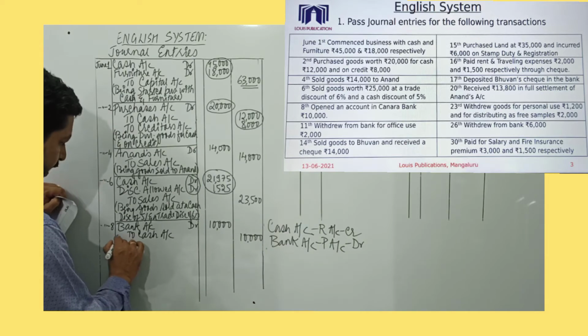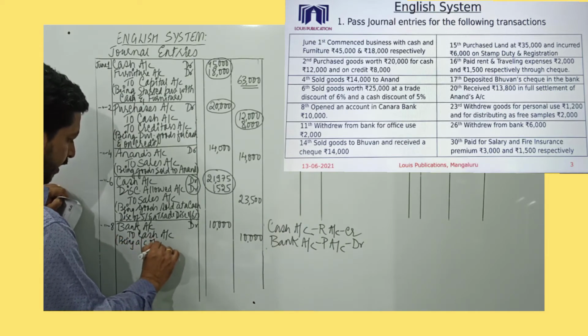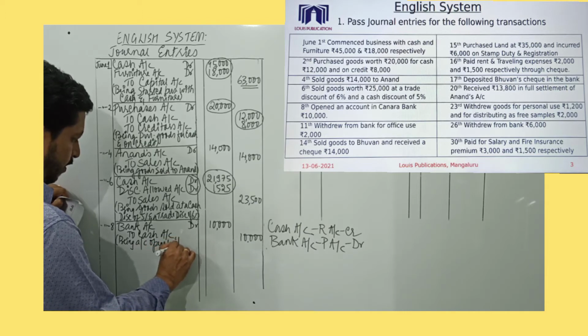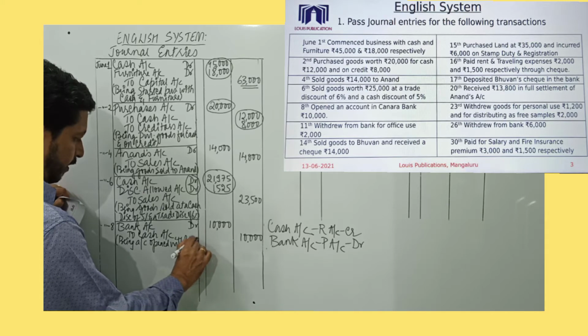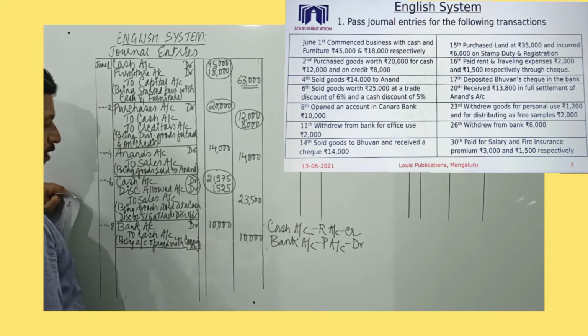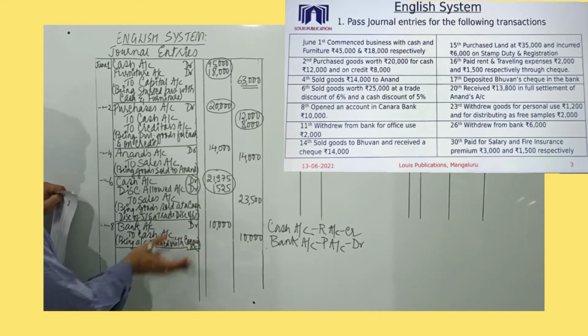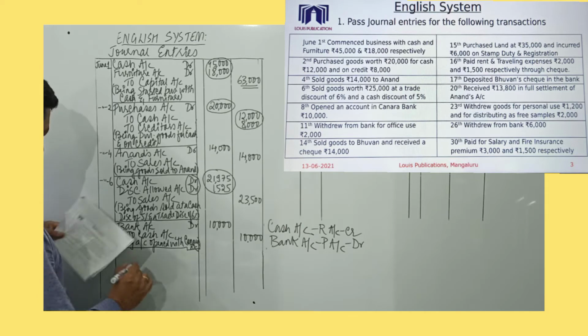I write narration being account opened with Canara Bank. So below every narration, just draw a horizontal line so that you know that this particular entry is done. Let's move to the next transaction.